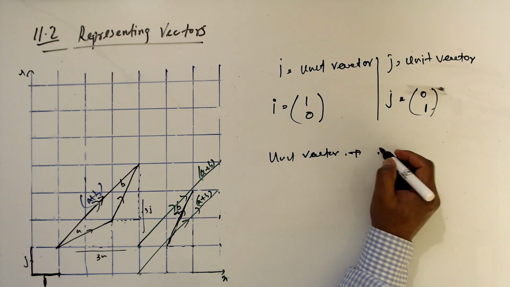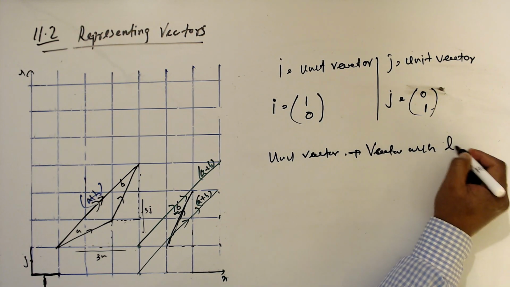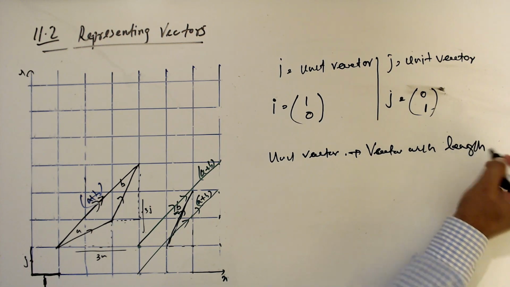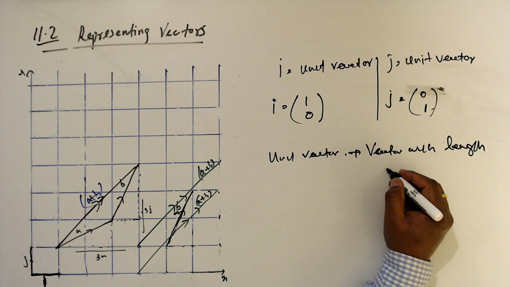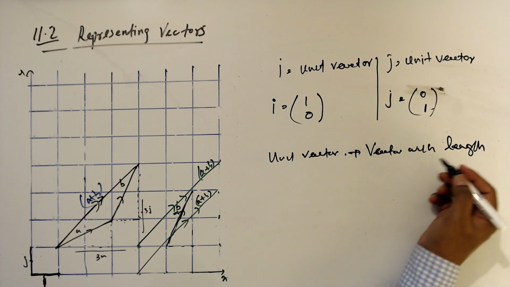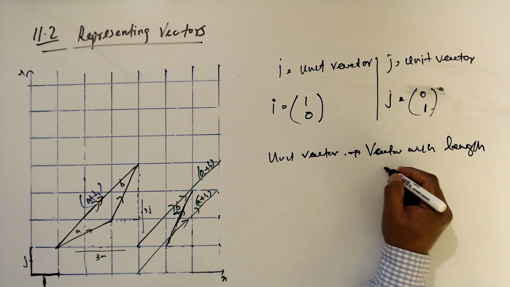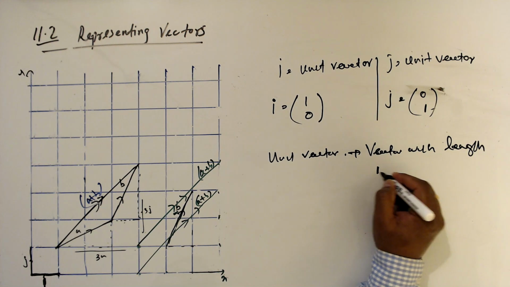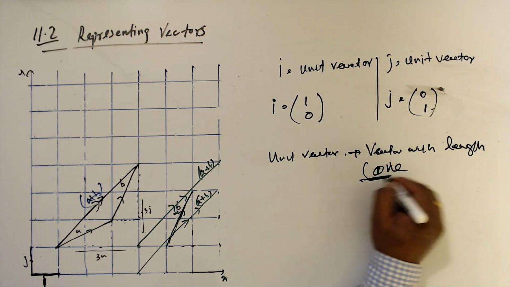A unit vector is a vector with length 1.